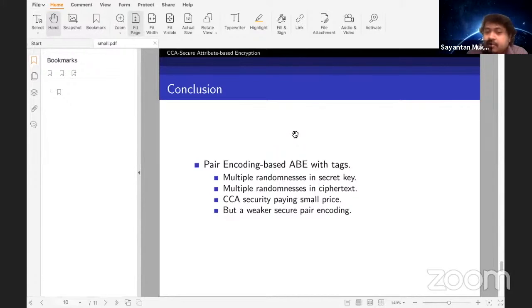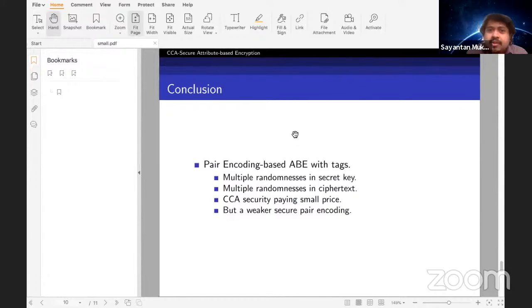Usually pair encoding has PMH security, the perfect master key hiding security. In our case, we had to define something called PMH star security, where we do not consider the non-lone variables. We set the non-lone variables as 0, and this still achieves some kind of PMH security, but because it is a little weaker than standard PMH security, we called it PMH star security, and that's why we say that the pair encoding is a bit weaker than the standard pair encoding.